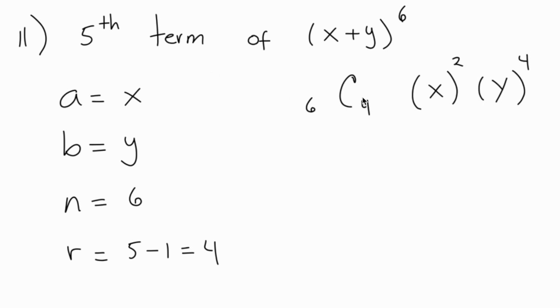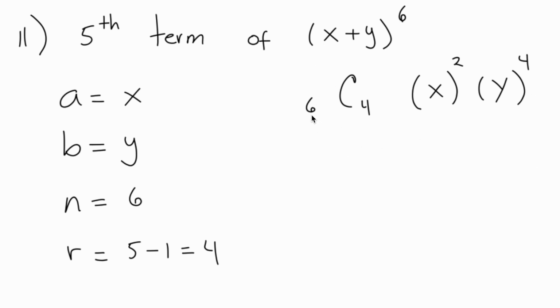So in this case, my formula would be 6 choose 4, n choose r, a to the power of n minus r, so 6 minus 4, 2, times b to the power of r, so y to the power of 4.